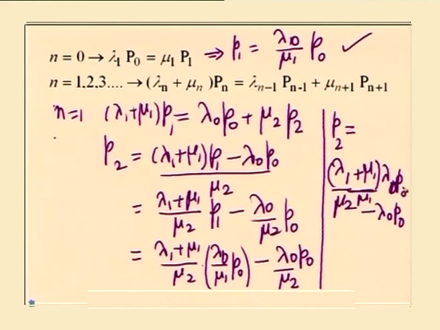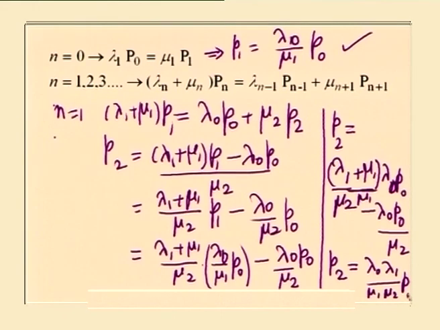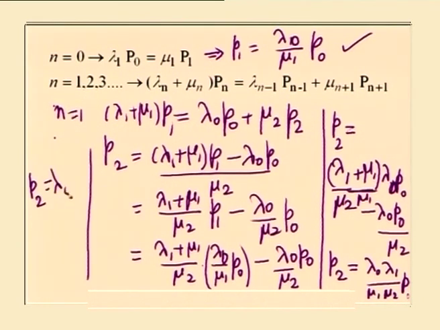I have a lambda naught p naught term, and this term will get cancelled with lambda naught p naught by mu 2. So, this further gives us p 2 is nothing but lambda naught into lambda 1 by mu 1 into mu 2 times p naught. So, finally p 2 is equal to lambda naught lambda 1 by mu 1 mu 2 into p naught.